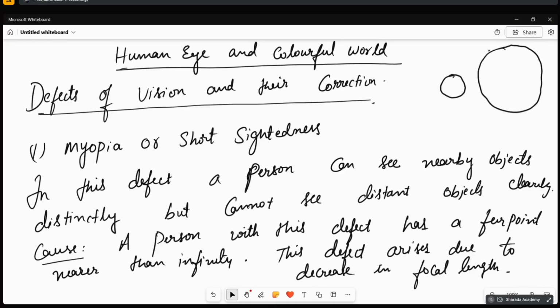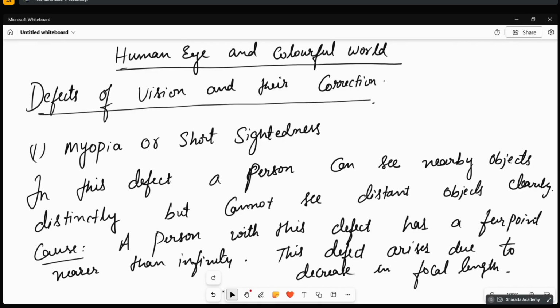If you see these two circles, this curvature is more when compared to this. Whenever the bulge is more, the focal length will reduce in any lens. Excessive curvature means it is bulged.